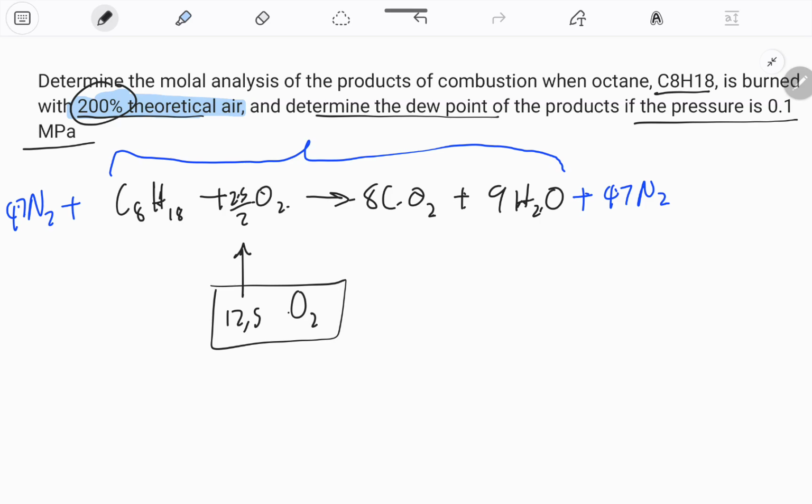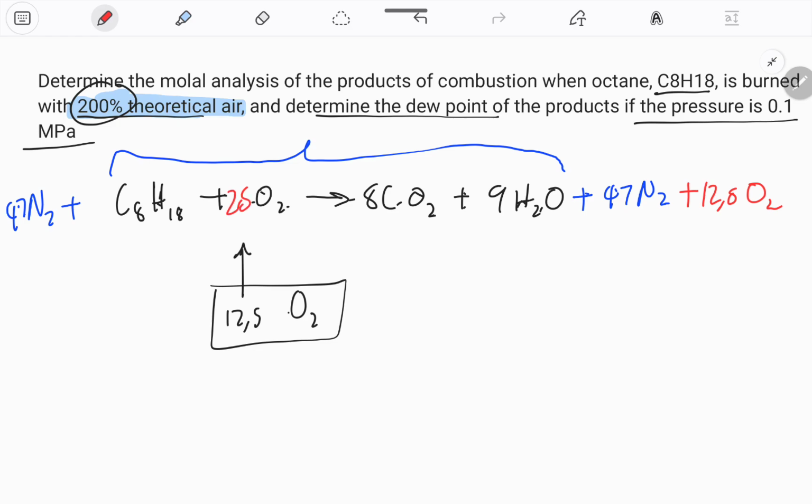So it's getting 12.5 to handle the reaction fully, and some extra 12.5 that will come out as extra oxygen.